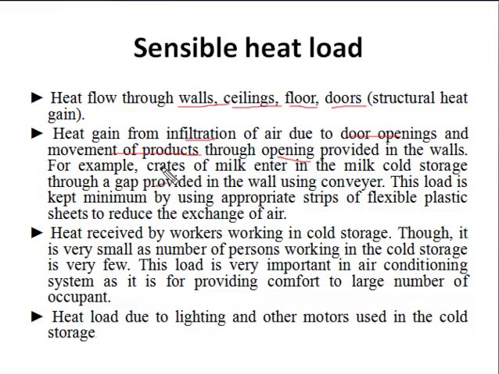For example, crates of milk enter the milk cold storage through a gap provided in the wall using a conveyor. This load is kept minimum by using appropriate strips of flexible plastic sheet to reduce the exchange of air.